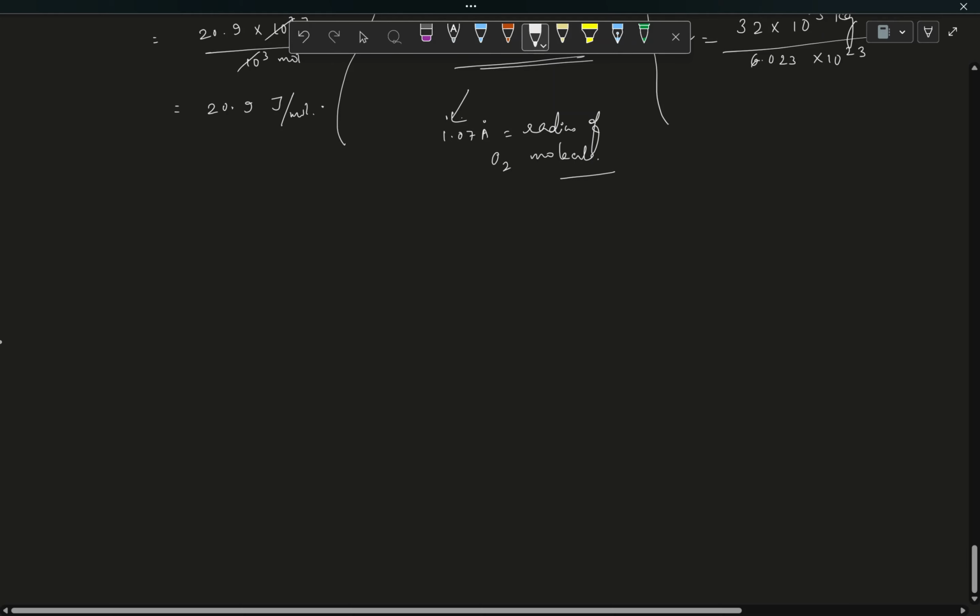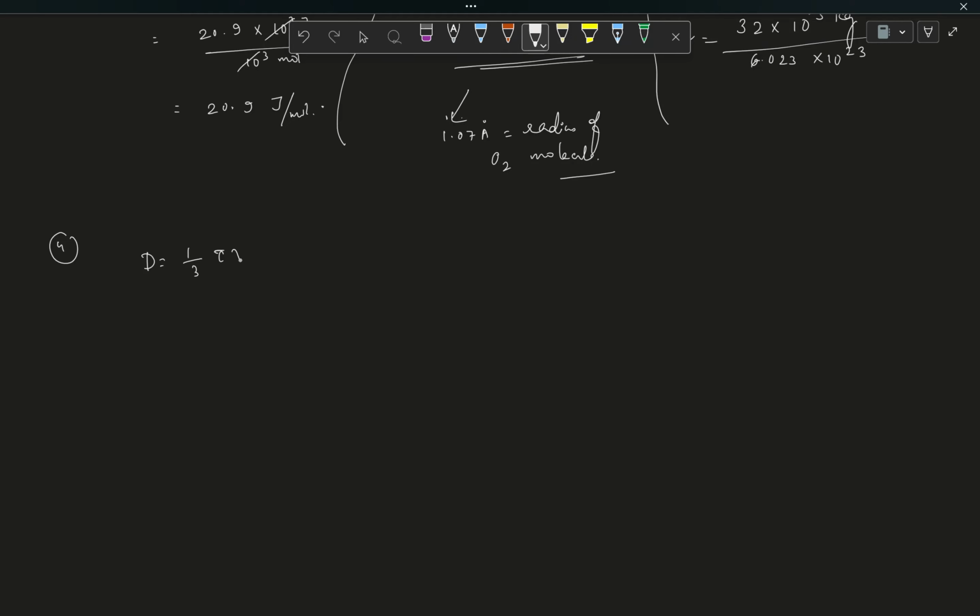So question number 4, first of all let me write down the formula for D. Here you can see from the question that you have to find some formula that connects the self diffusion coefficient D with the mean free path lambda, because that is what you need to calculate here. There is a formula given in the lecture, that it is 1/3 c bar lambda, where c bar is the average velocity of the molecules, and lambda is the mean free path.